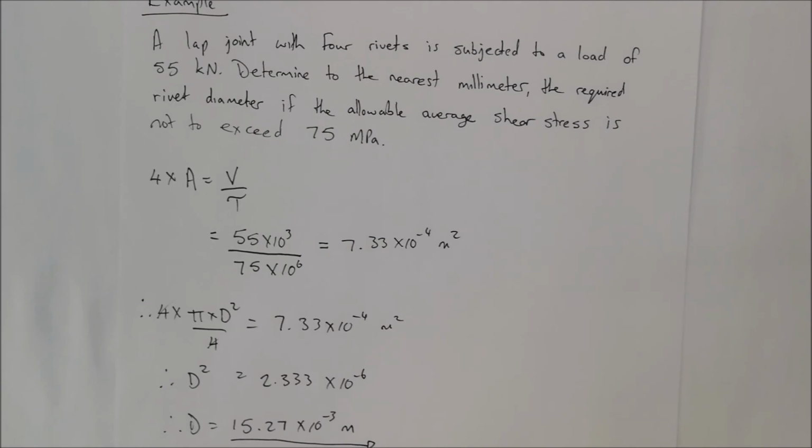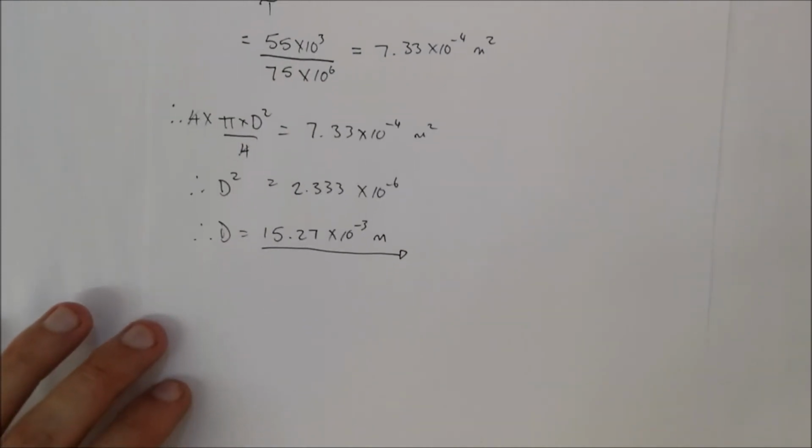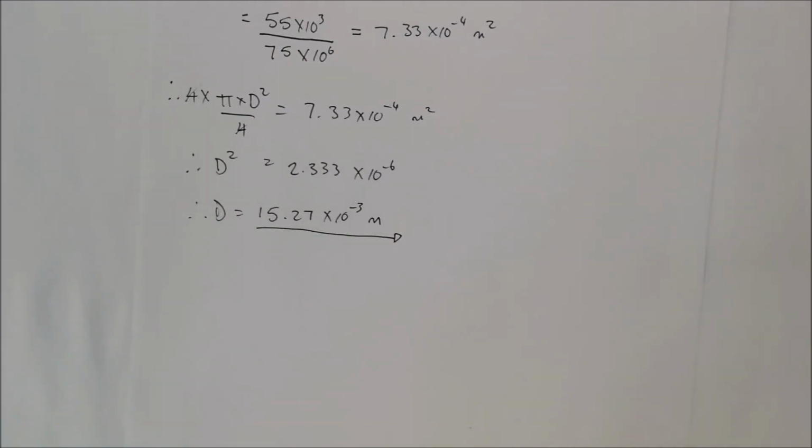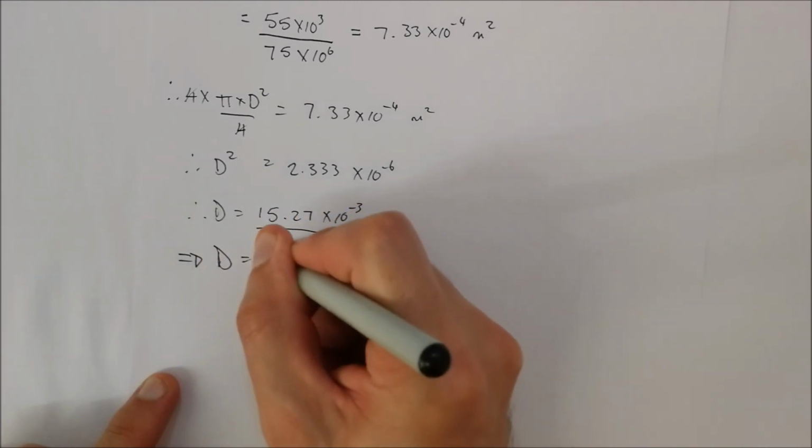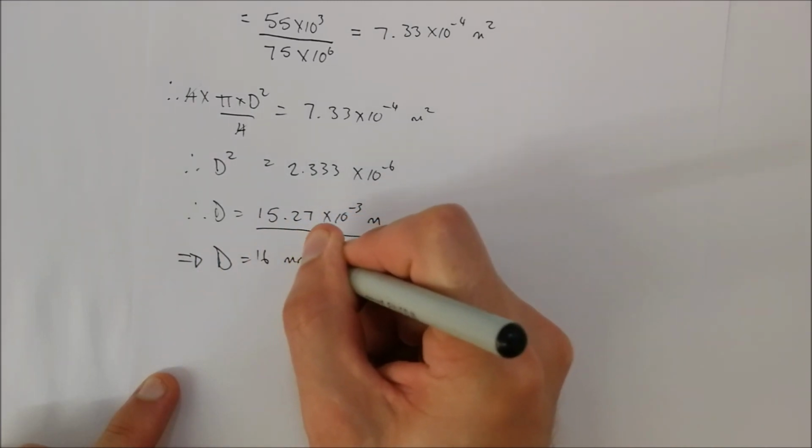So we can't use 15 millimeters. It's not going to be safe. So we've got to go to the next available millimeter, which is 16 millimeters. Okay, so that implies that d is equal to 16 millimeters.